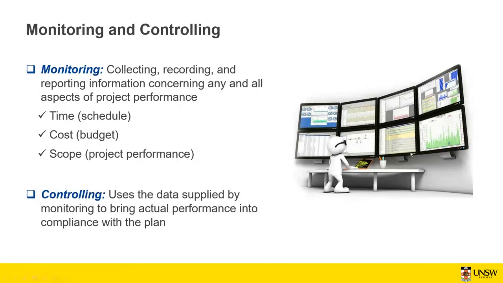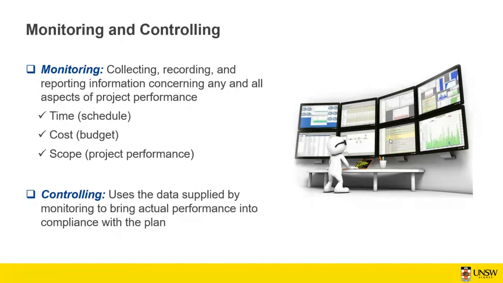So we have monitoring and controlling. Monitoring is where you look at all the data in terms of time, cost, scope, performance, etc., and you collect, record and report the data. In the controlling phase, we will have some actions, based on what you have been monitoring versus what you've planned.